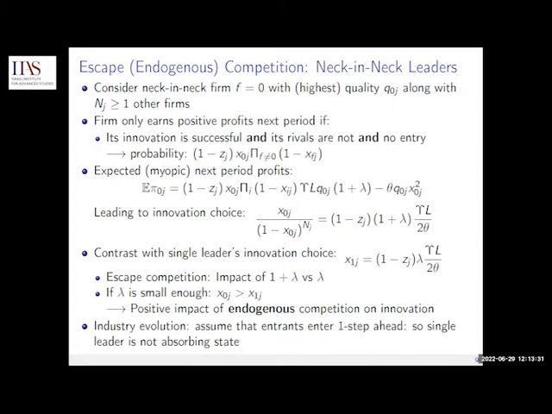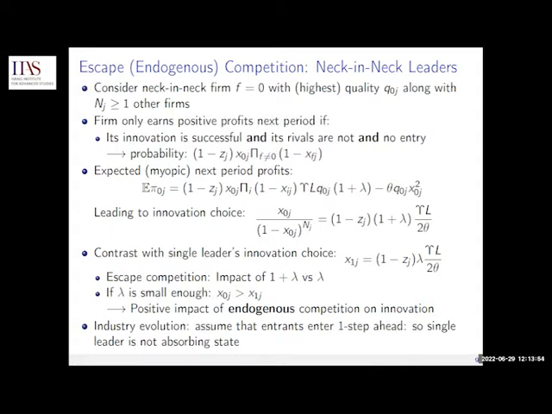In fact, you can see that by playing around with lambda. If lambda is low enough, that's the only thing that's giving the incentive for the leader to innovate. Even with very low lambda, the follower still has this incentive to innovate, which is to escape from earning zero profits. Okay. So this we all have in the myopic case.